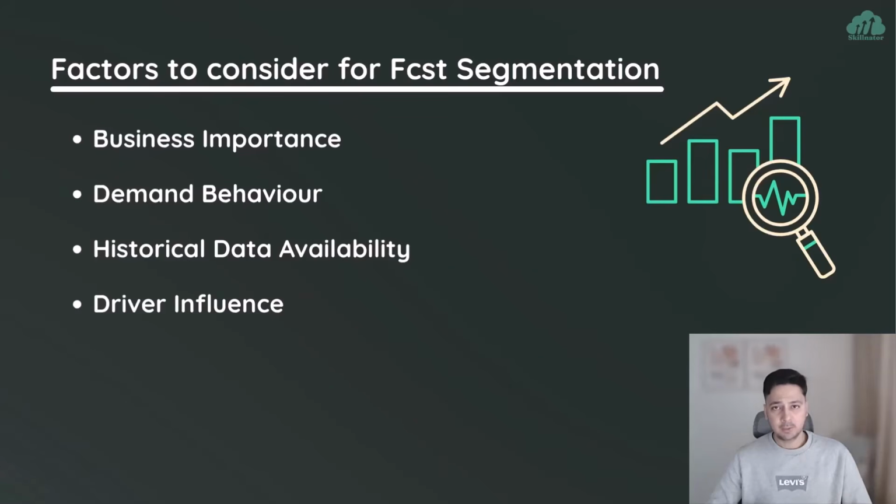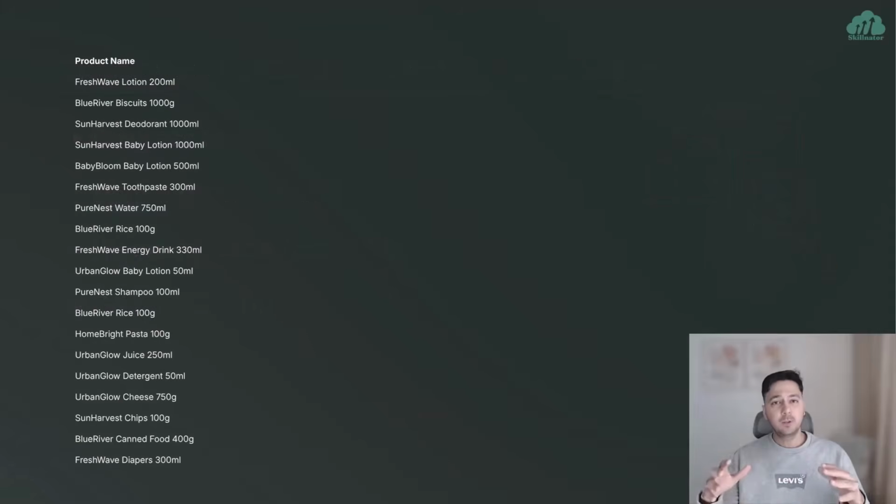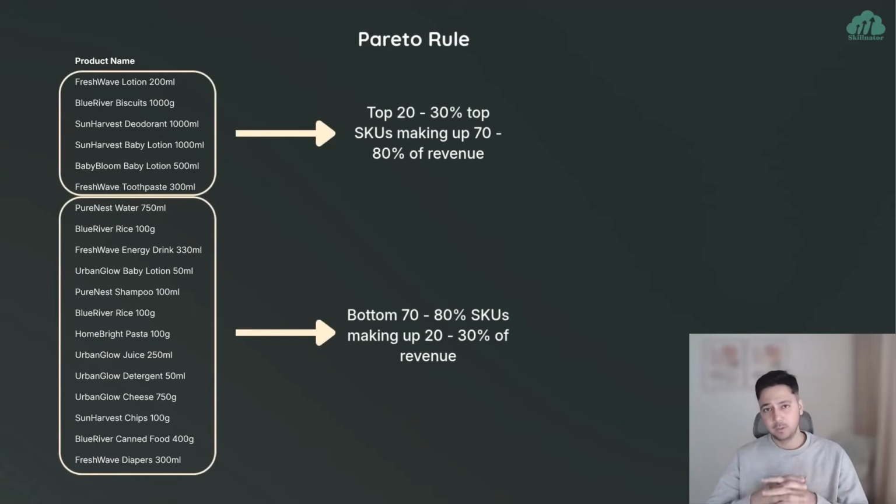Let's walk through a practical example. Imagine you're responsible for forecasting 200 SKUs. The first step is to decide which SKUs are business critical and which are not. A very common approach here is to use the Pareto 80-20 principle. Roughly 20% of your SKUs might typically drive around 80% of the revenue. The remaining 80% of the SKUs are the long tail SKUs.